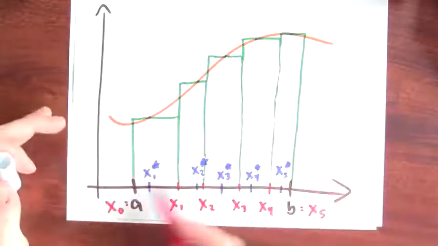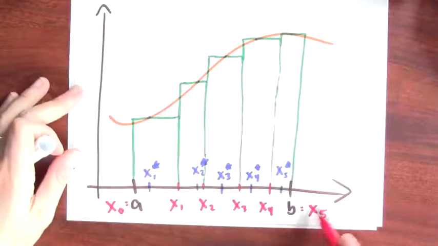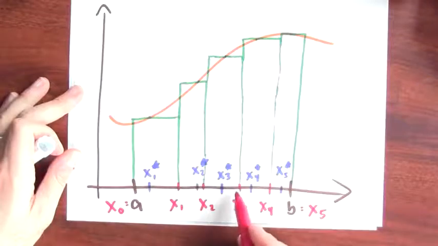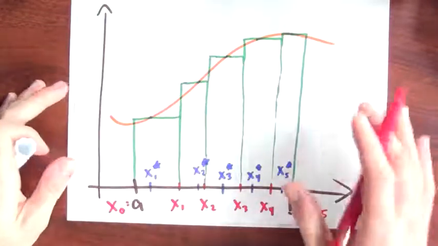But of course you can choose how many pieces to cut it up into. The point is just to choose how many pieces and then choose where you're going to make those cuts in the partition.